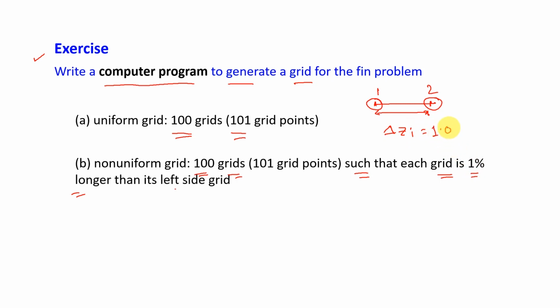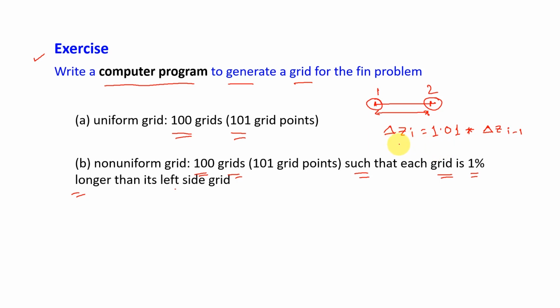So this should be 1.01 times delta zi minus 1. Let's try this, and you can find a non-uniform grid. A non-uniform grid might be necessary because at some points where the gradients of the unknown variables are large, we want to use small grids.